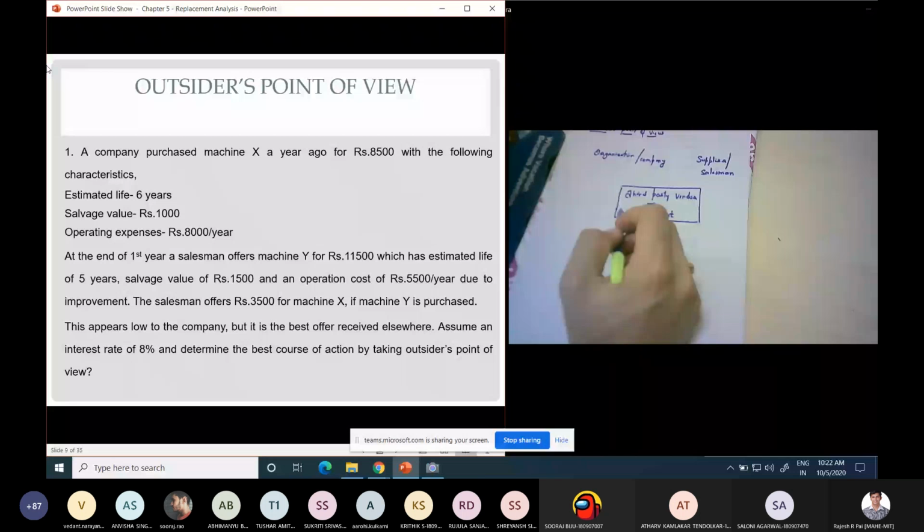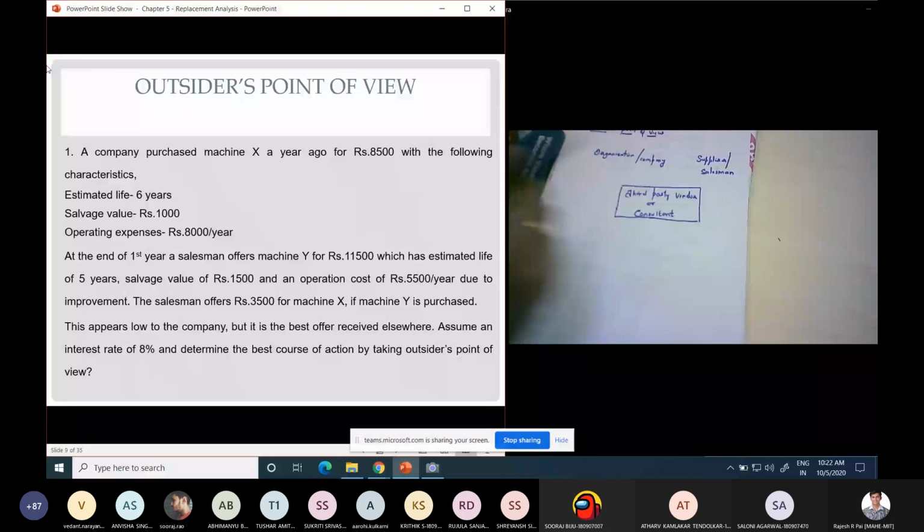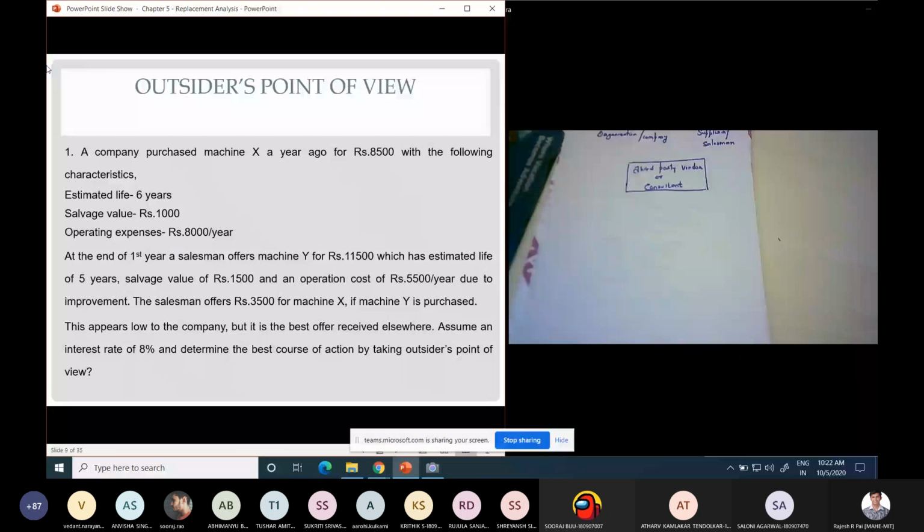So here, when it comes to the numerical, machine X is the old machine. During the time of purchase, the organization paid 8,500. It has an estimated life of 6 years, salvage value of 1,000 and annual operating cost of 8,000.